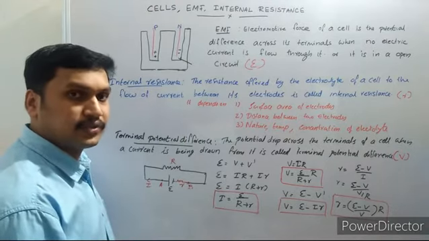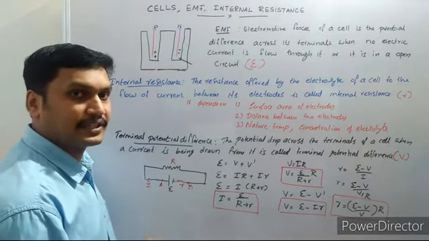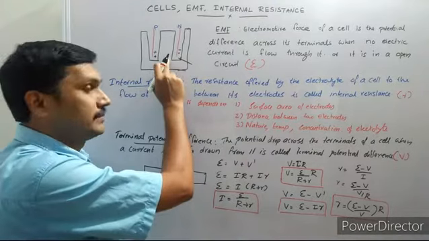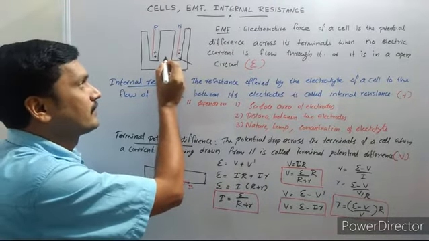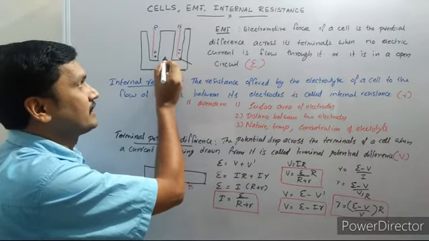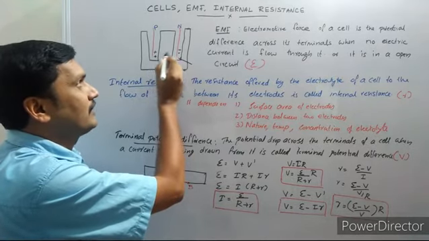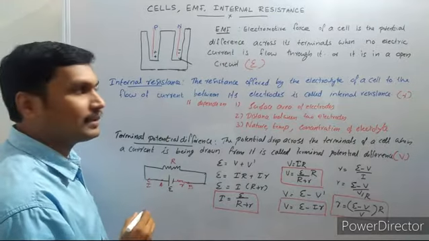Due to some unknown force, due to some chemical reaction, some force is originating. It is not an electrostatic force, and because of that force, the charges are attracted towards the positive and negative terminals.